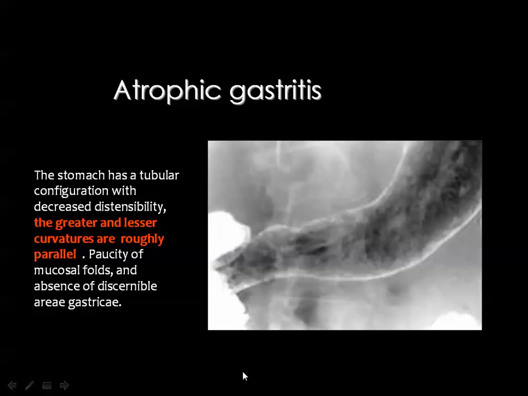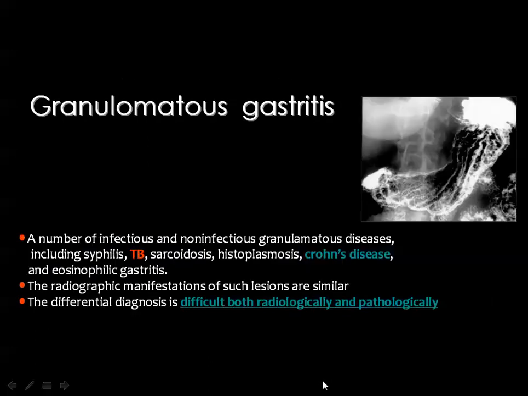And this is an easy diagnosis where you can see a severe atrophy of the gastric mucosa and relative narrowing of the gastric lumen, so that the lesser curve and the greater curve are almost parallel to each other.